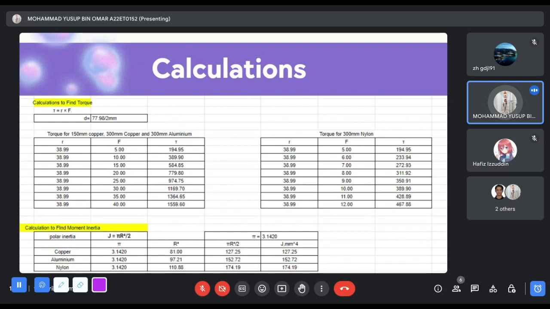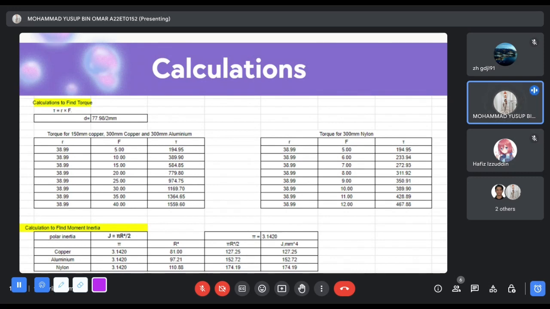Then we have force for copper and aluminium, which is 5 Newton until 40 Newton, increasing by 5 Newton for each experiment. Then for nylon, from 5 Newton until 12 Newton.